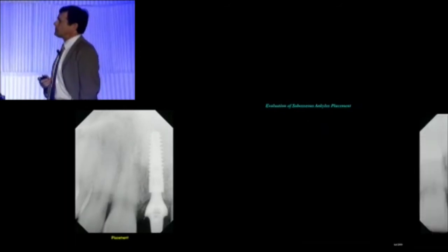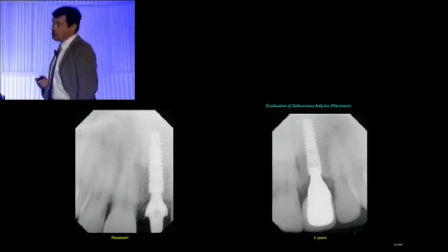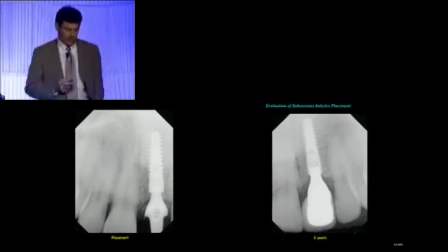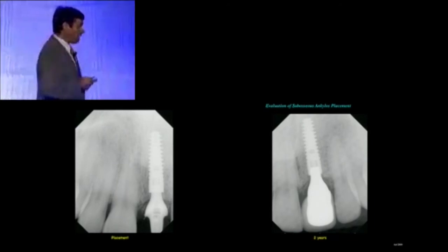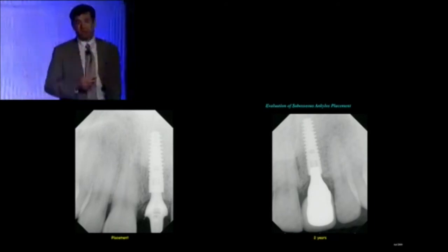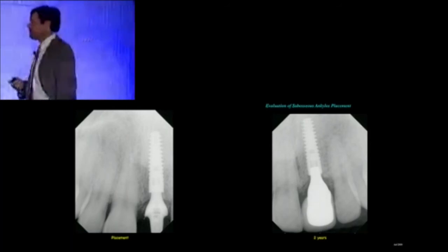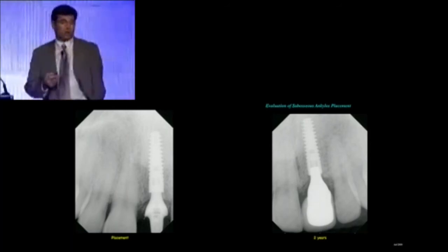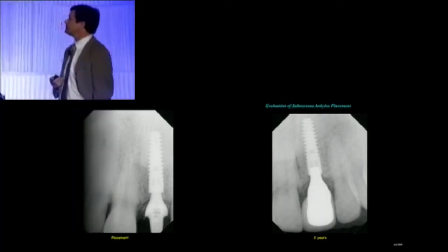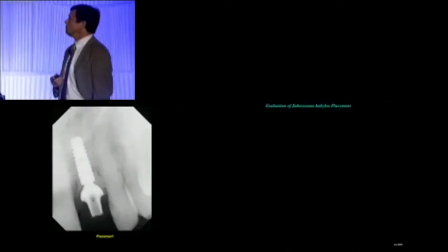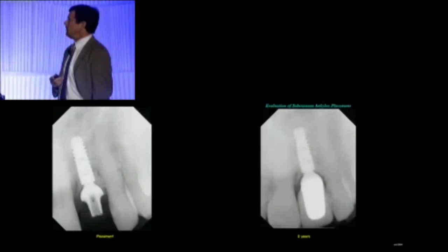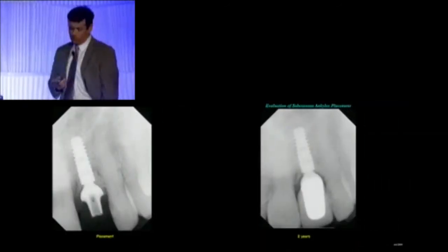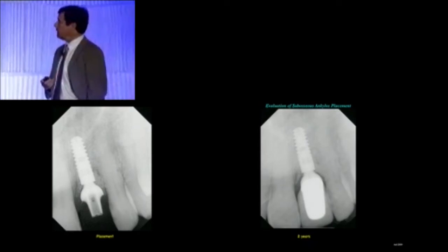And more examples of the kind of cases. It's interesting to hear the statistics that in reality my practice reflects these national statistics, that most of my cases are single-tooth cases. Another example of a type of case that we do, subosseous placement and follow-up a couple of years later.